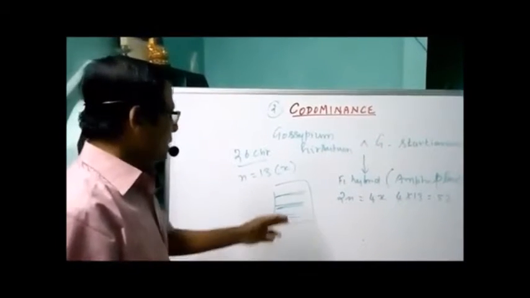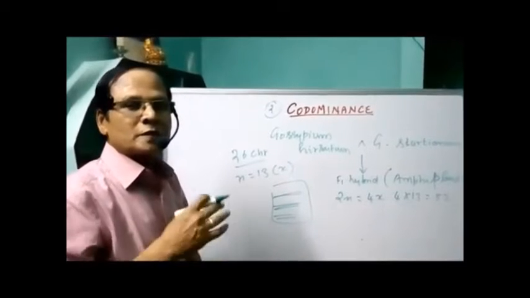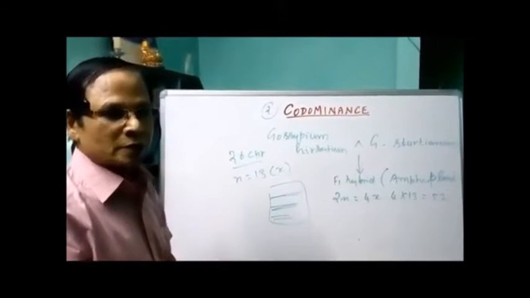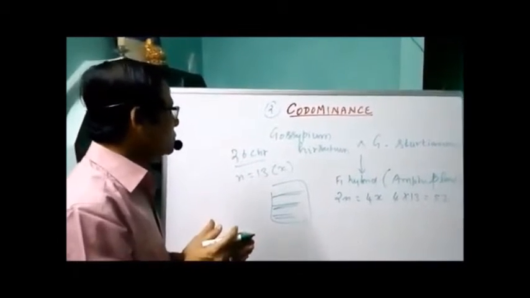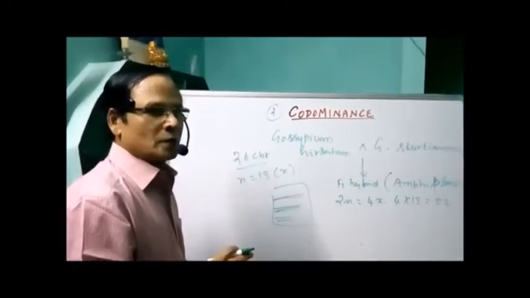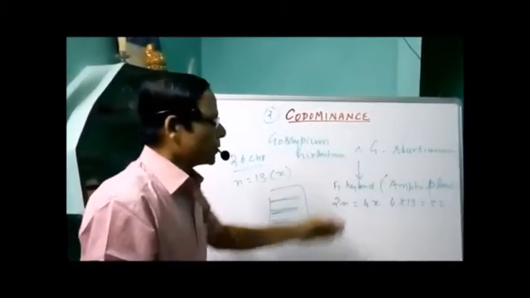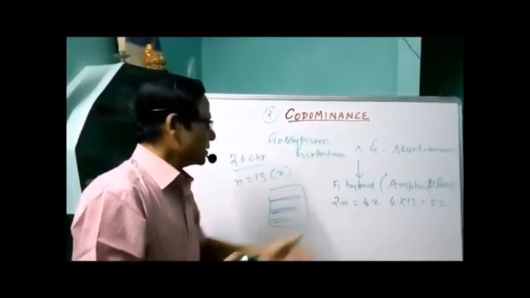So, the hybrid shows the presence of two types of proteins which are similar to the two parents. The proteins of these two parents were inherited here.